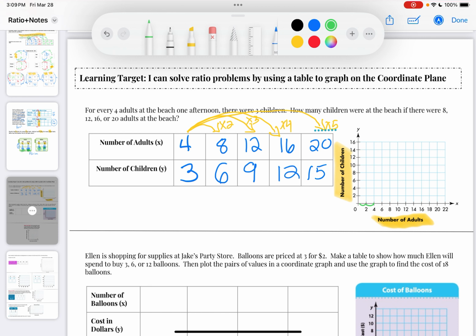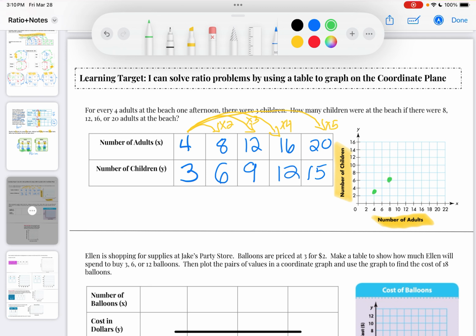So 3 is going to be between 4 and 2. So over 4, up 3. And then I don't want that line on there, so I am going to just put the dot right there. Over 4, up 3. And then I have over 8, up 6. Put a dot.